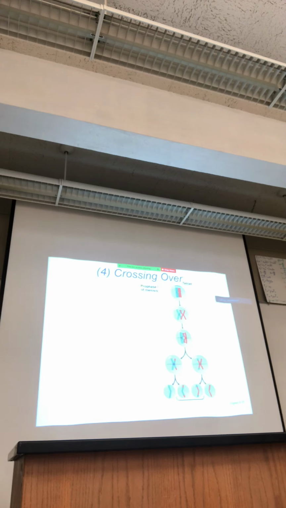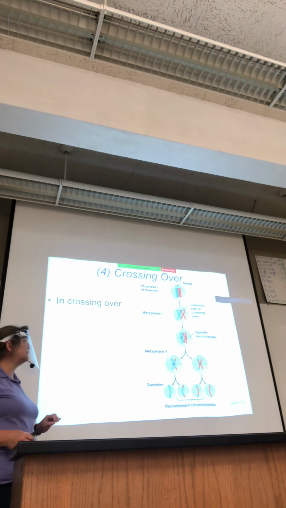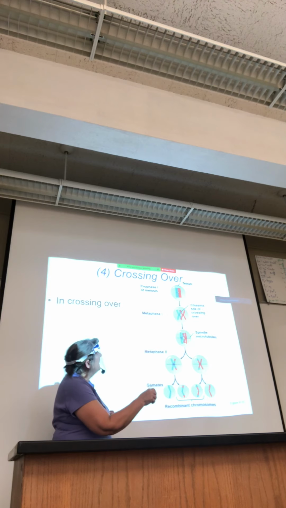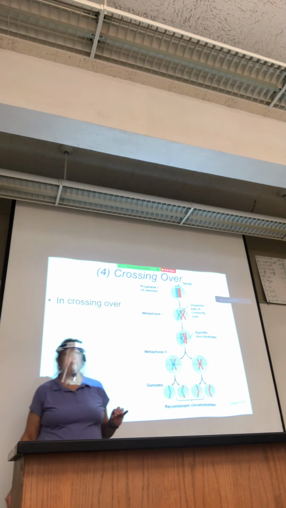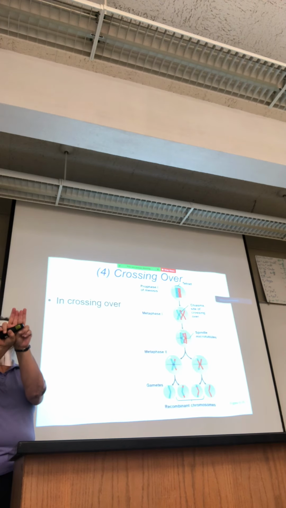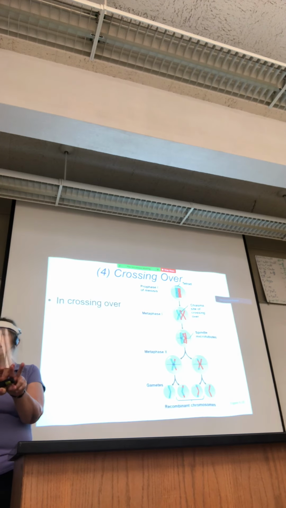The fourth thing that's a contributor to genetic diversity is crossing over. This happens in prophase 1. And this is an amazing process if you think about it. When synapsis happens and the tetrad forms, those pairs of homologous chromosomes are very close together. And this is where we use the term non-sister chromatids.